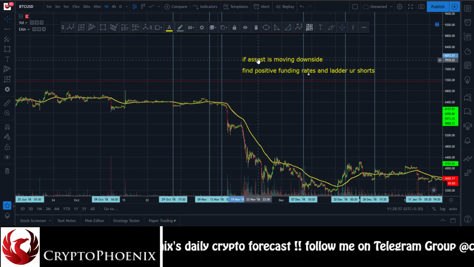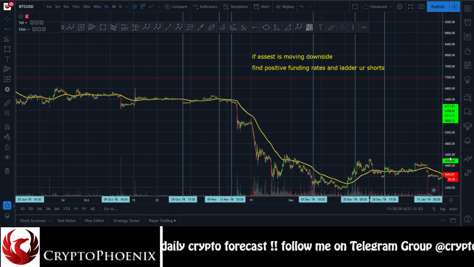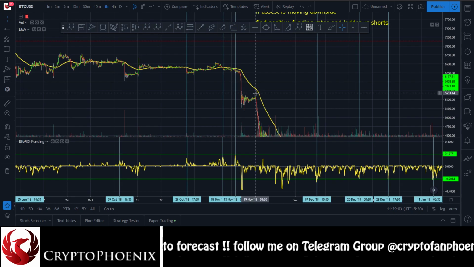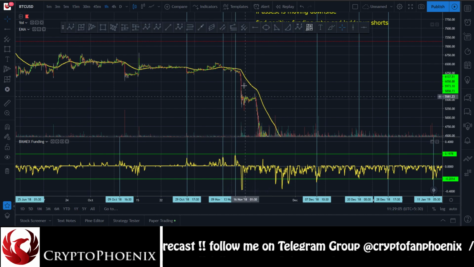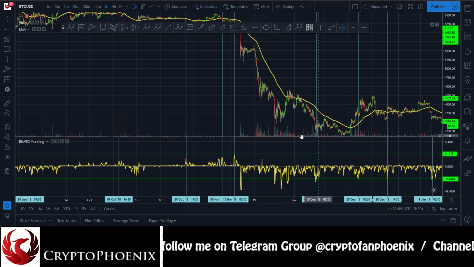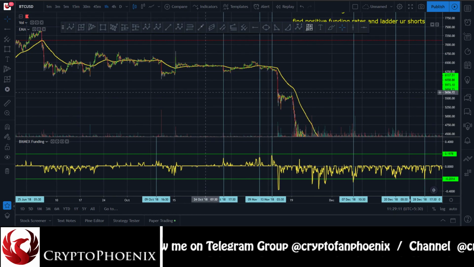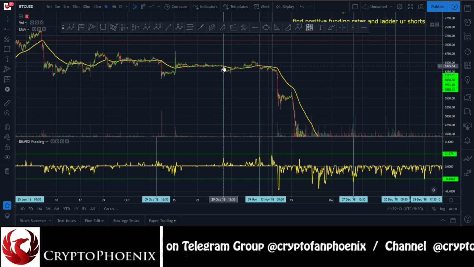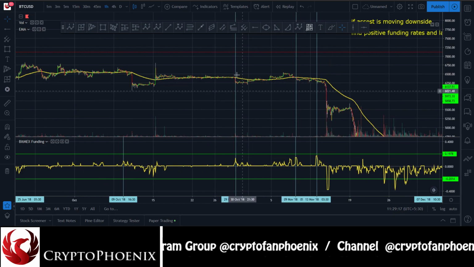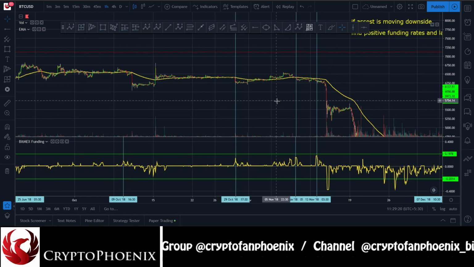We can see it's moving downside. Let's look at positive funding rate. You ladder most of your shorts and price moves down. Same goes here. It's below 200 EMA, positive funding rate, it just falls downside.